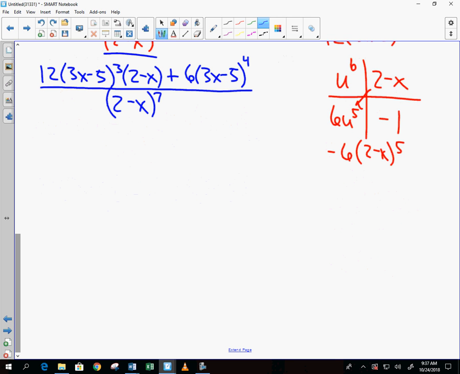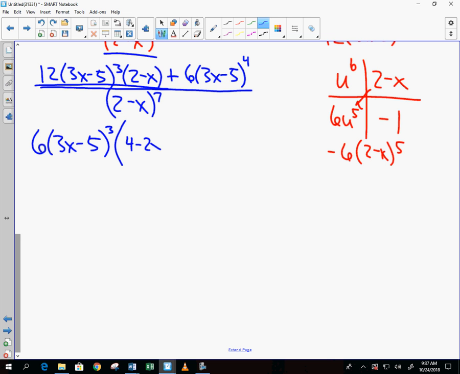Hey, does the top have a common factor? What is it? Yeah, 6 times 3x minus 5 to the third. Take that out. What are you left with here? 2 times 2 minus x, which would be 4 minus 2x.